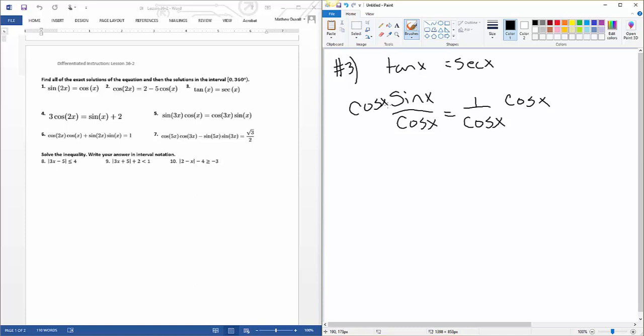And so now, when we do that, cosine cancels out here, cosine cancels out here. So now I have the sine of x equals 1. And then I can solve for sine there.